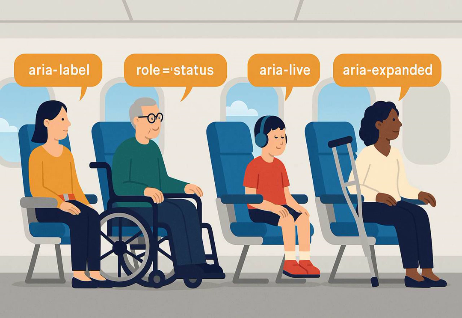Use ARIA roles only when you are creating something truly custom. Keep your ARIA attributes accurate and synchronized with real state. And always test with both the accessibility tree and the screen reader.